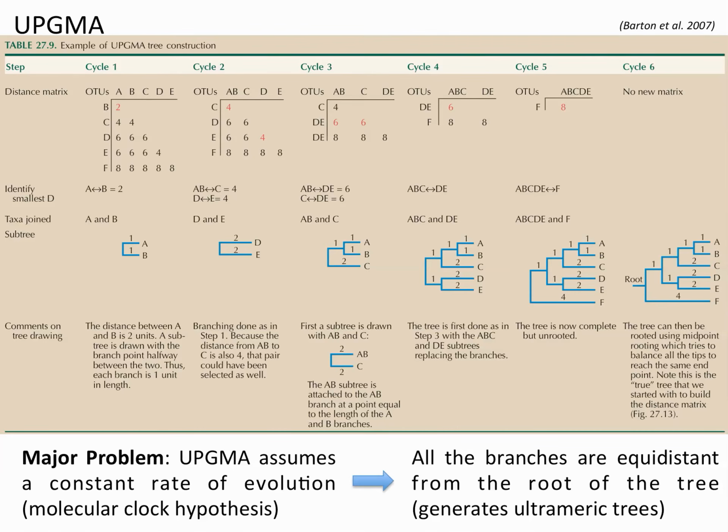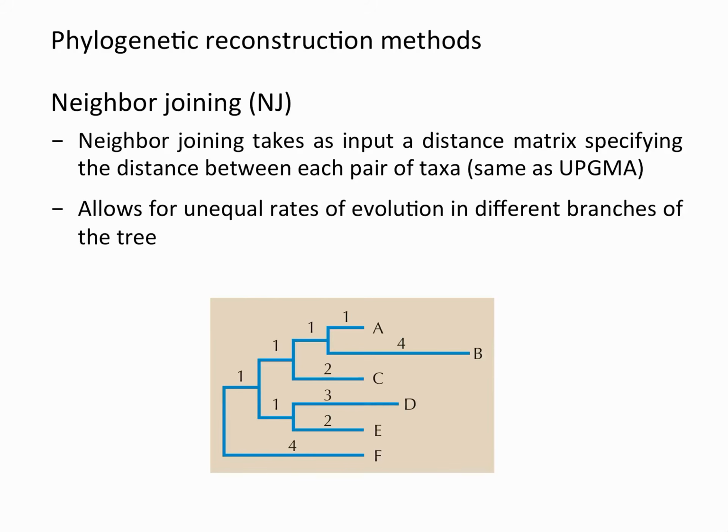This happens because the method employs a constant molecular clock hypothesis, which means that the rate of evolutionary change of any specific taxon is approximately constant over time and over different lineages, which in some cases is not true. There could be taxa that evolve at different rates over time. To overcome this problem, the neighbor joining method is employed.